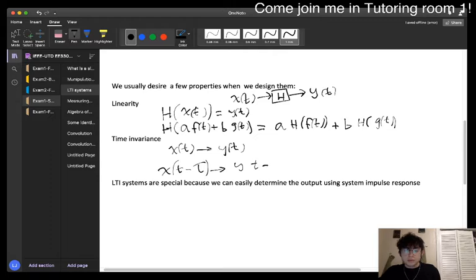So y of t minus tau. And this has to be true for all signals, for all x of t. If there's a single x of t that doesn't satisfy this, then this isn't true.